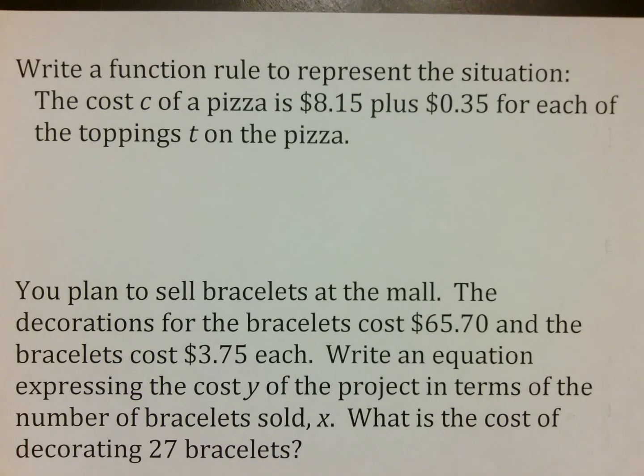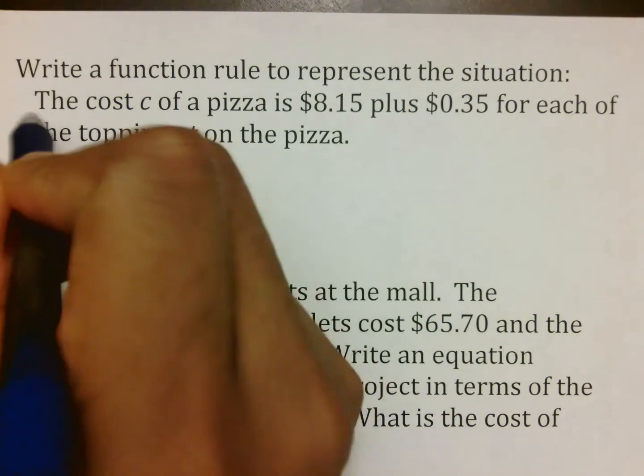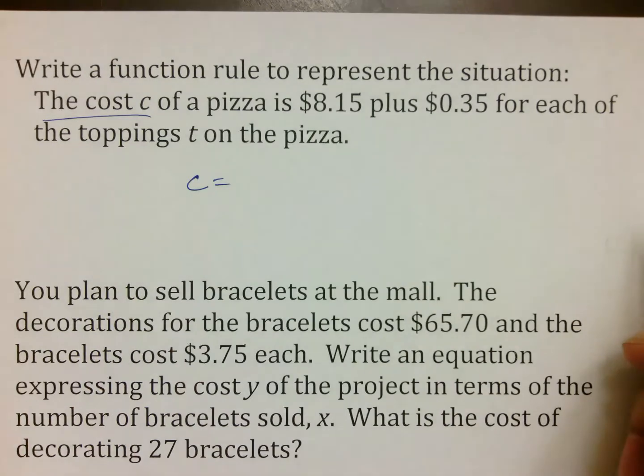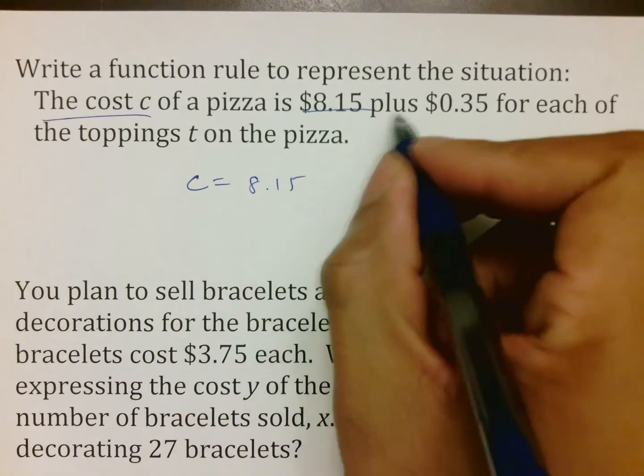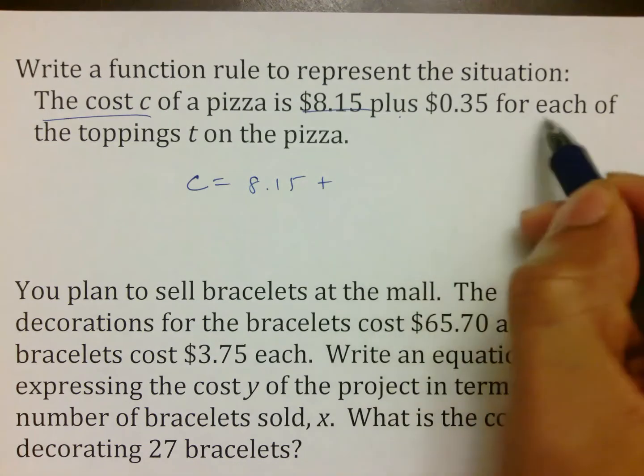It says another situation, they want the cost C of a pizza is $8.15 plus 35 cents for each of the toppings T on the pizza. So again, we have the cost C, which represents a total, and it's $8.15, so we put 8.15 plus, which means plus, and it's 35 cents for each.